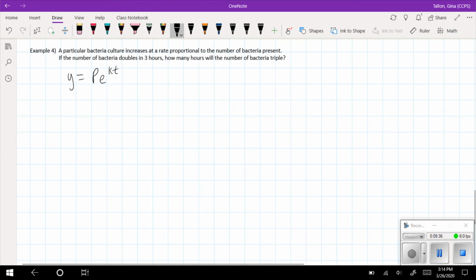Now, if it said a particular bacteria increases at a rate proportional to the square root of the bacteria present, we would not be able to use this formula. Or if it said to the square of the bacteria present, we would not be able to use this formula. But the particular bacteria culture is increasing at a rate proportional to the number of bacteria itself. So this is why we can use the exponential growth formula.